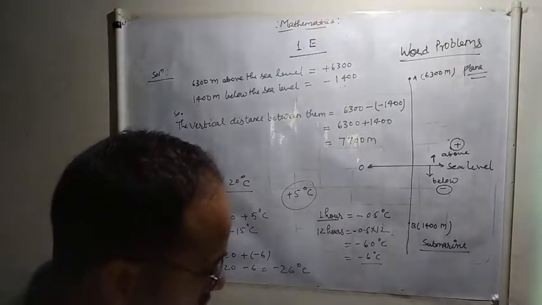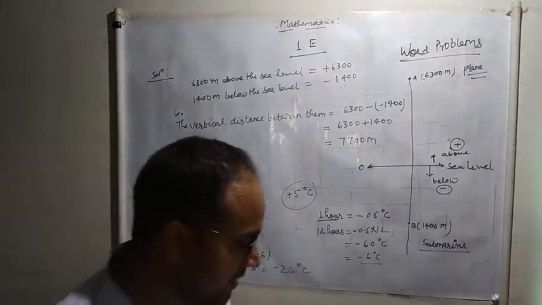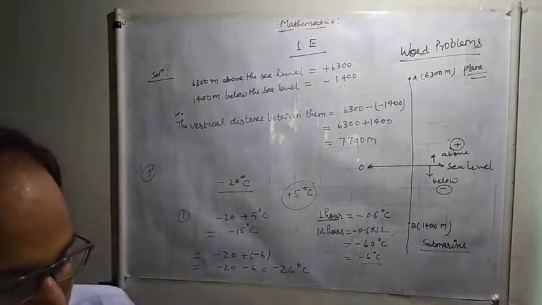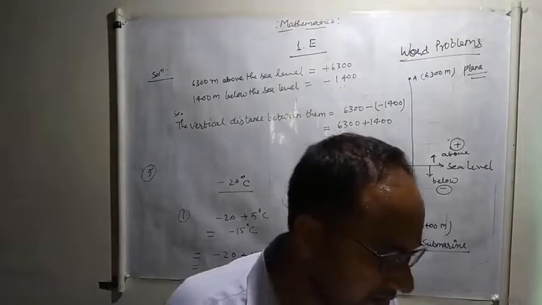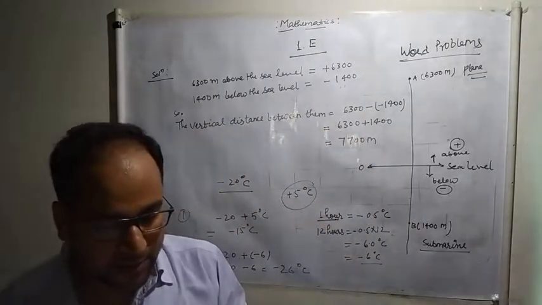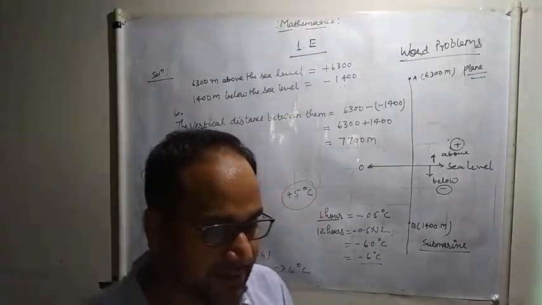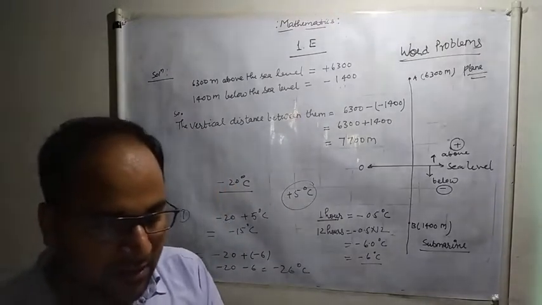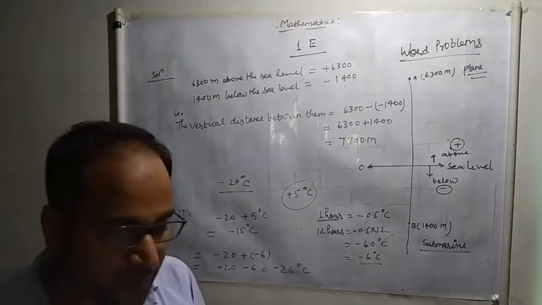Question number 7 is also easy. On a certain day, at a certain time in Siberia, the temperature was minus 28 degrees centigrade. On the same day, at the same time, the temperature in Brazil was 28 degrees centigrade. What is the difference between these two temperatures? You subtract the smaller one from the bigger one.